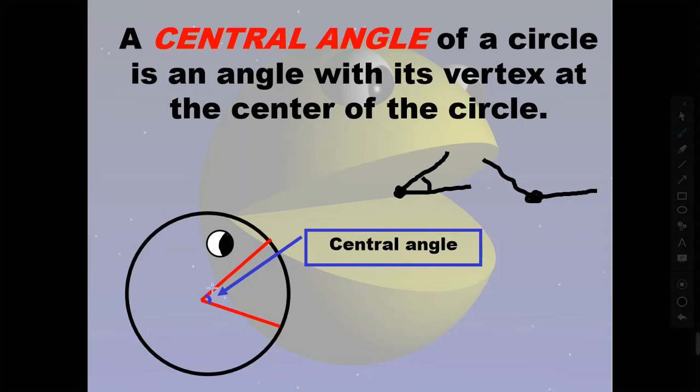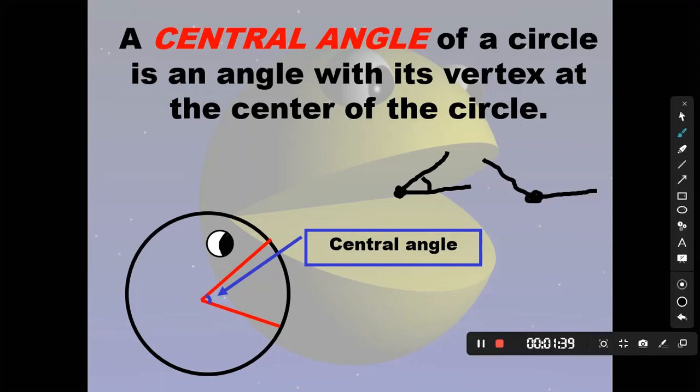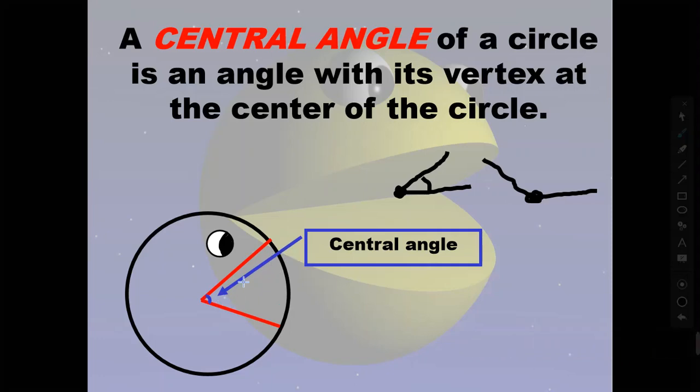So if the vertex of an angle is the center of the circle, we call this a central angle. You can see this little angle here, the vertex is exactly the center of the circle. So this red little angle is a central angle.